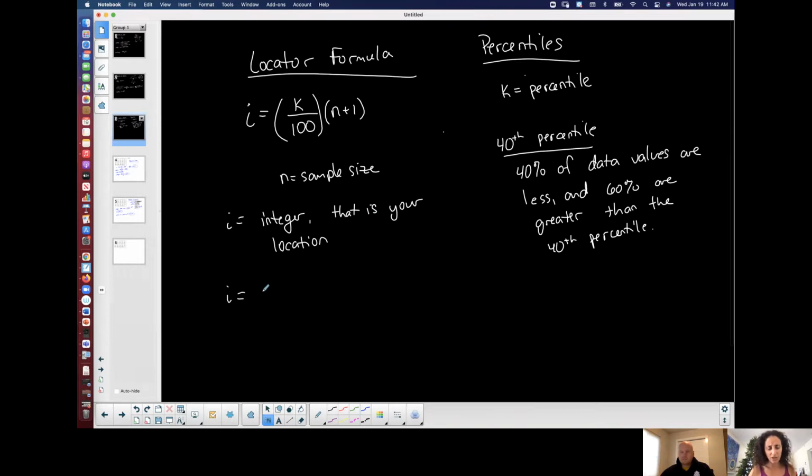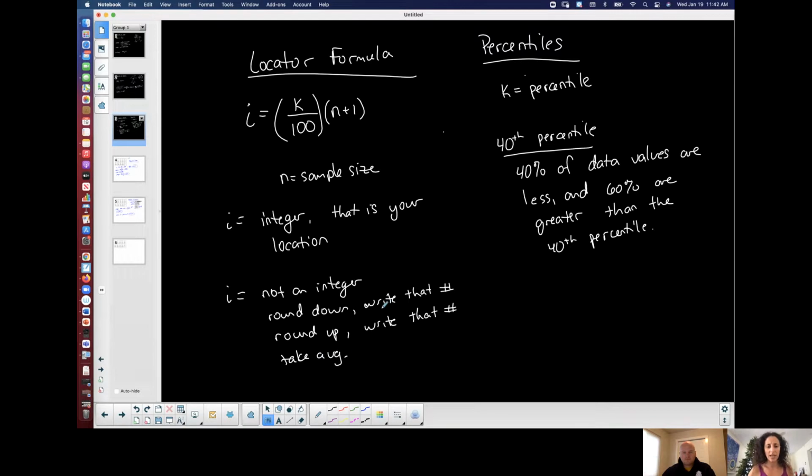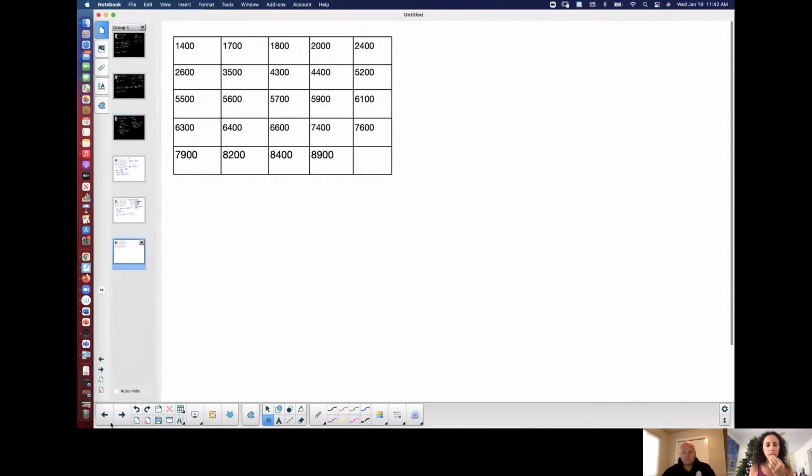But if I is not an integer, we're going to round down, write that number. I'll show you an example. Write that number, round up, write that number, and then take the average of the two. And that's the location. So let me go here and do this one.